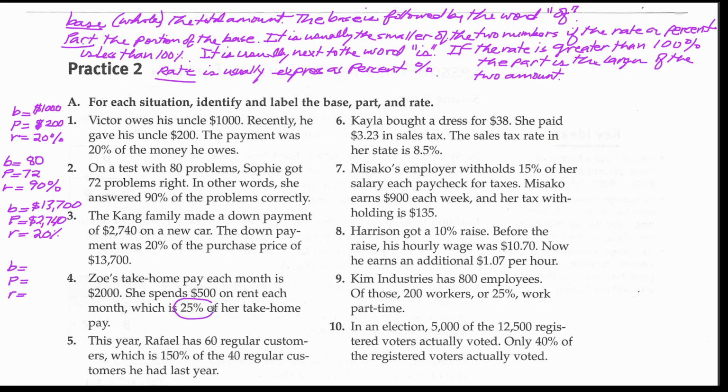This 25% is less than 100%. So the base is going to be the higher amount. So that's $2,000. That's the base. And the part is $500. The rate is 25%.